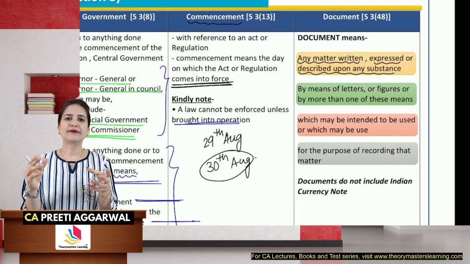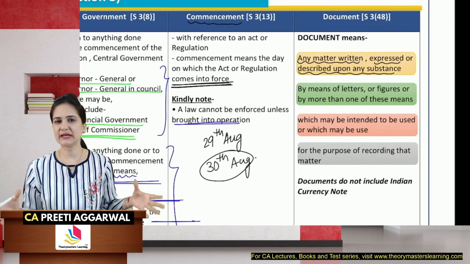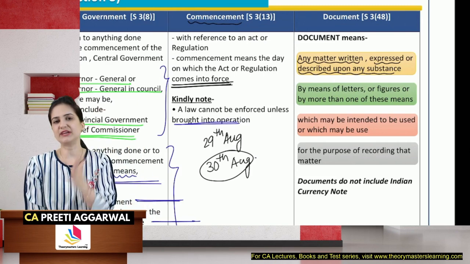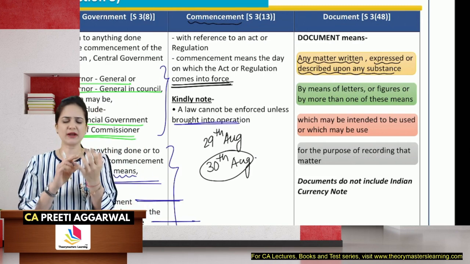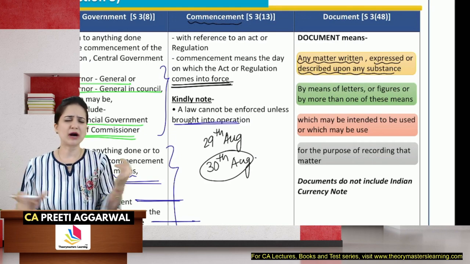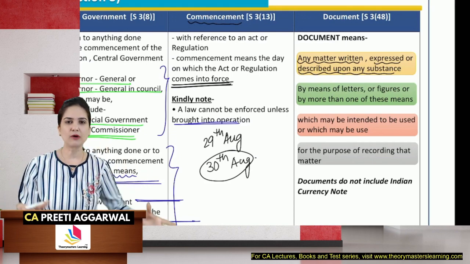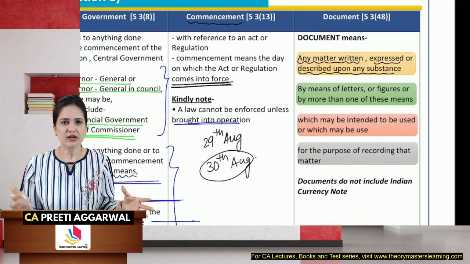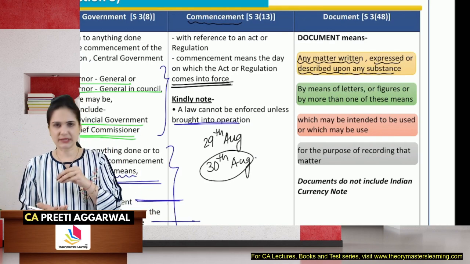Okay, or there are carvings, there are paintings inside the caves. These are all documentation, they are an evidence that the event had occurred. You can document it on a paper, parchment, wall, or a ground, or on the walls of the cave. Anywhere wherein you write, that is known as a document.